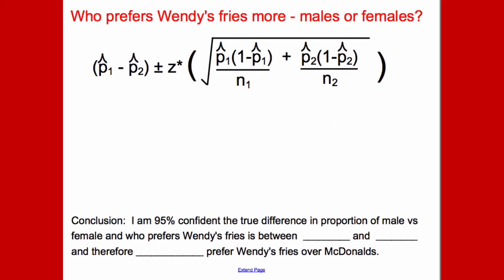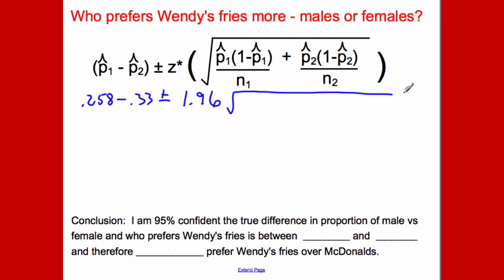I think this is on the flip side, right? P-hat 1 was males, 0.258, minus 0.3 repeating, plus or minus, this was a 95% confidence interval, so 1.96 times the square root of P-hat 1, 0.258, times what's left over, 0.742, all over its sample size of 58, plus the females, which was 0.33 times 0.67 over their sample size, which was 39.